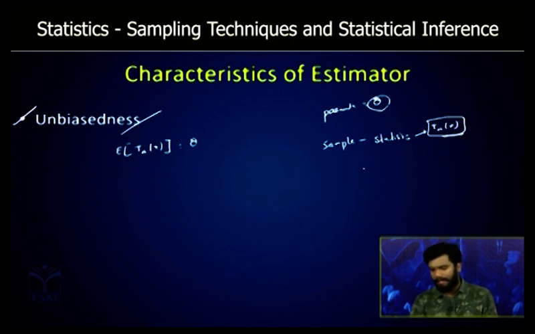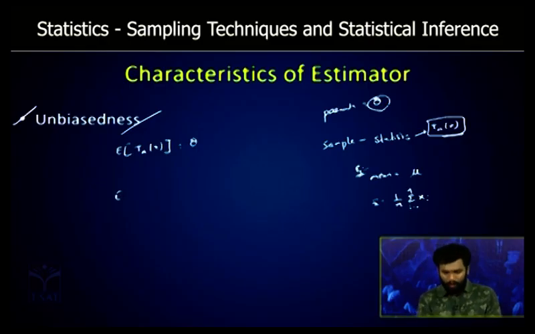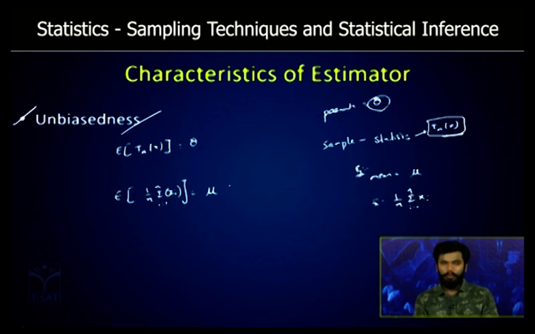Now let us consider an example. The population parameter, let us consider it is mu. I am finding the mean of the population, which is equal to mu. I have taken a sample and I am finding the statistic x bar, which is equal to 1/n into summation of xi, where i takes values from 1 to n. Now the expectation of this 1/n into summation of xi is equal to mu.